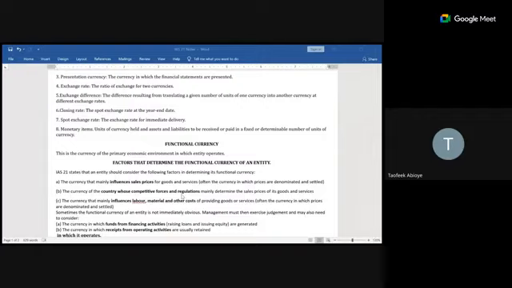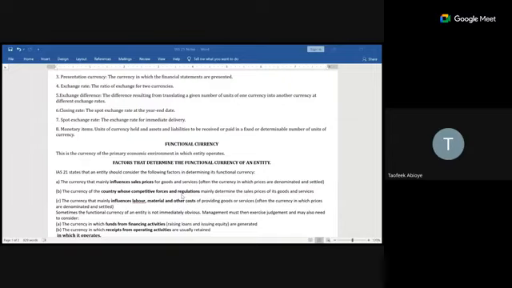So IAS 21 states that when you want to determine the functional currency, you should check the following. There are two factors, called primary factors and secondary factors. The first primary factor is the currency that influences the sales price of goods and services.